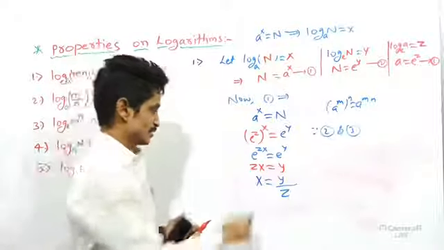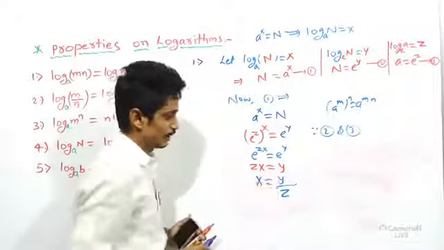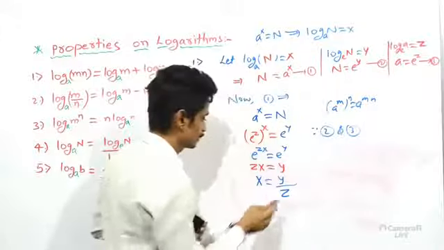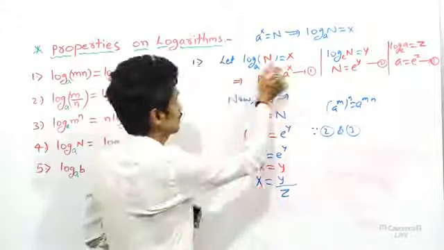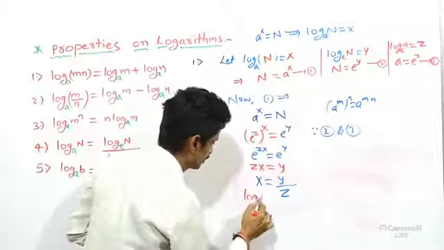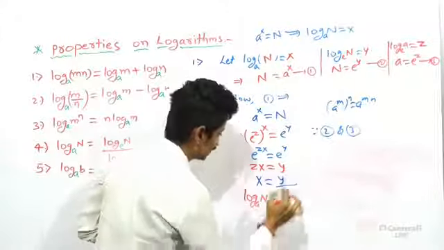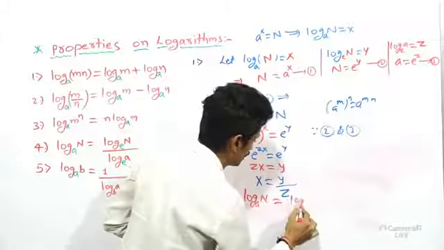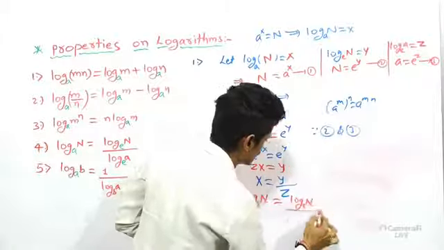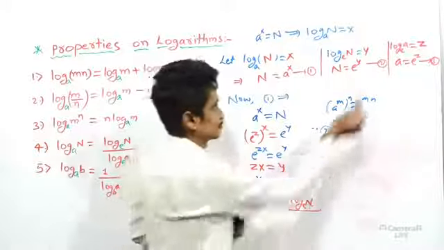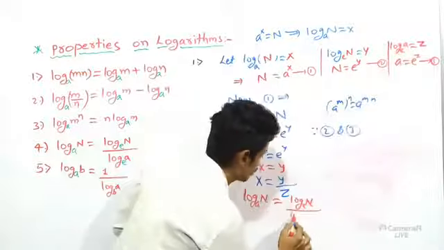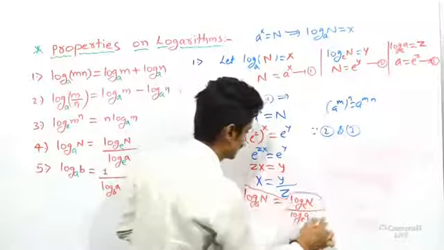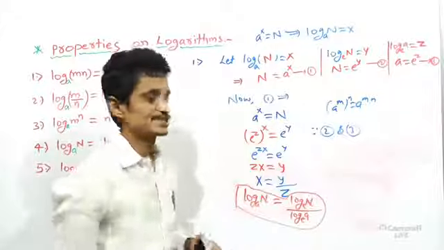Written x equal to y upon z. What is your y? Now substituting those values, x value is log n to the base a is equal to y value I have log n to the base e upon z. What is z value? Log a to the base e. Like this also we can split our LHS part.